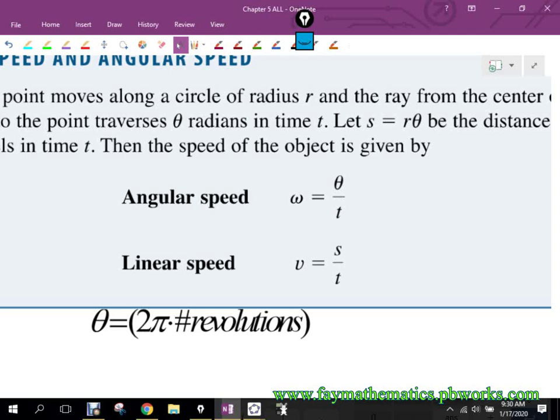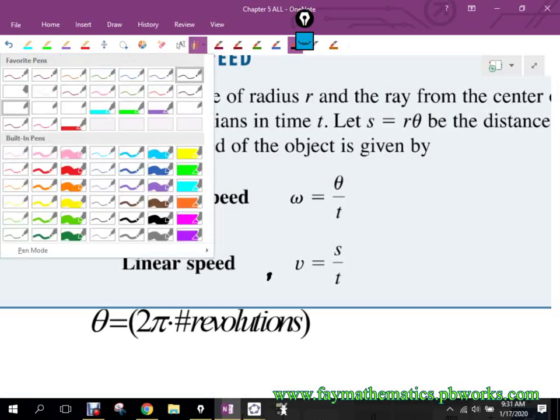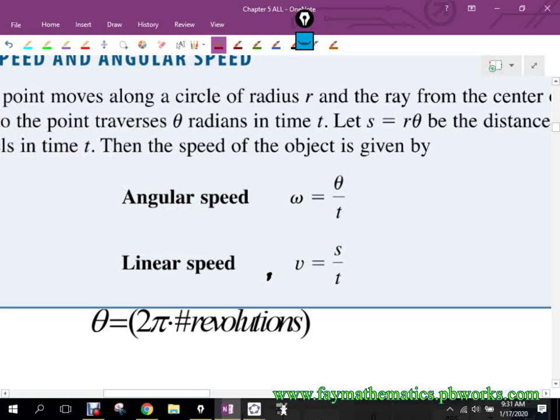It's in S. Okay, so here's the relationship. If I write linear speed as R theta over t, because S is your radius times theta, and I take the angular speed formula and solve it for theta, I get omega times t equals theta.